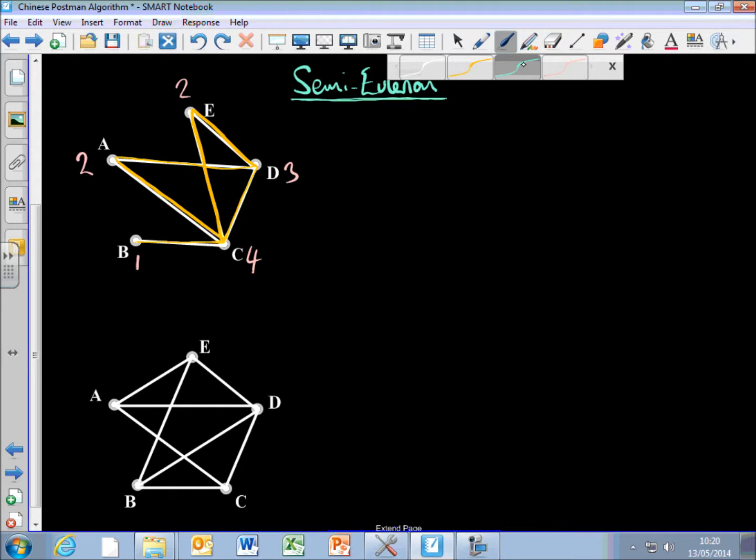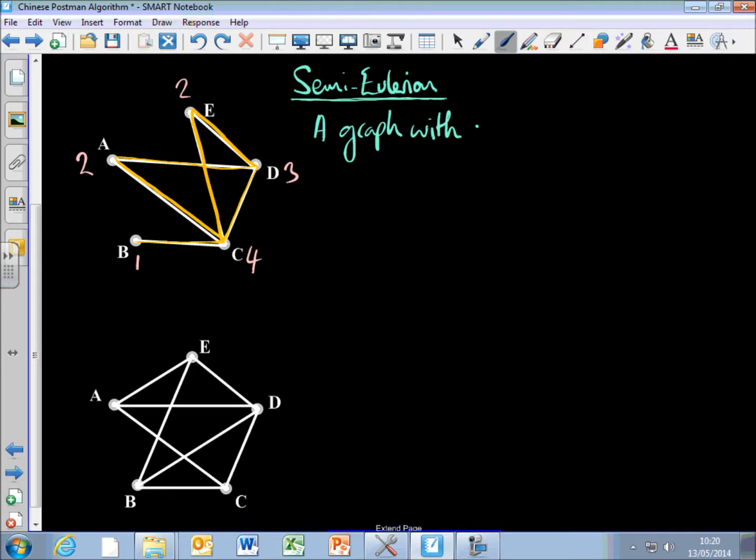So a semi-Eulerian graph is a graph or a network with 2 and only 2 odd vertices.